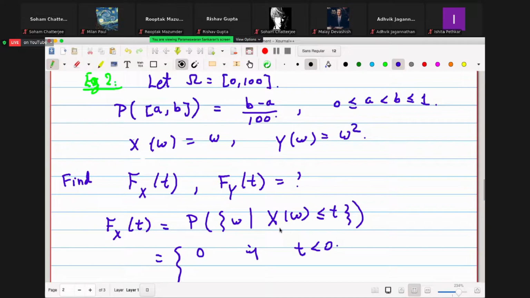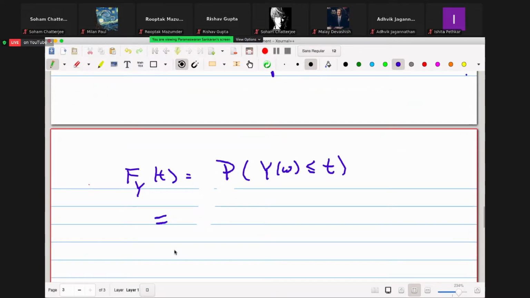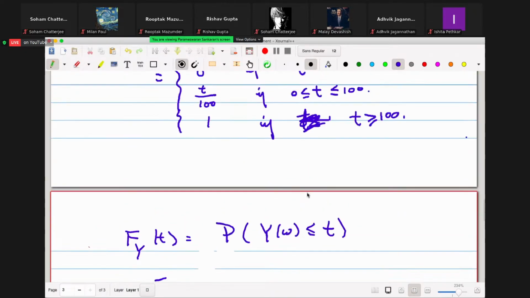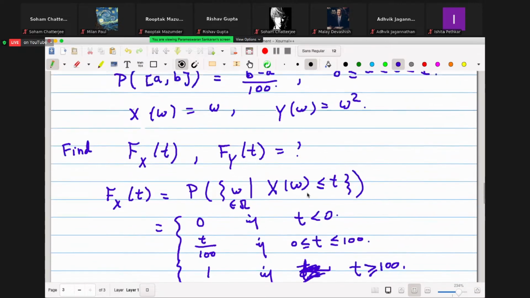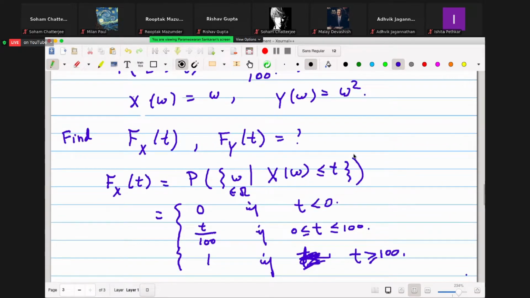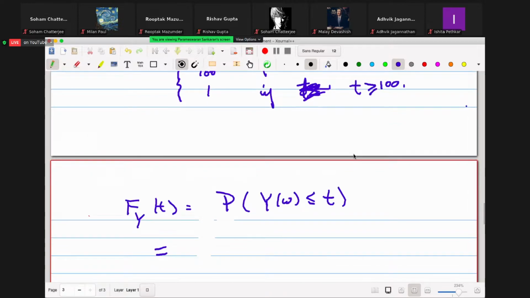Probability of that is equal to, if t is, how is it defined? Omega square is less than or equal to t. Okay, so let us write this. Probability of all those omega in the interval 0 to 100 such that omega square is less than or equal to t.